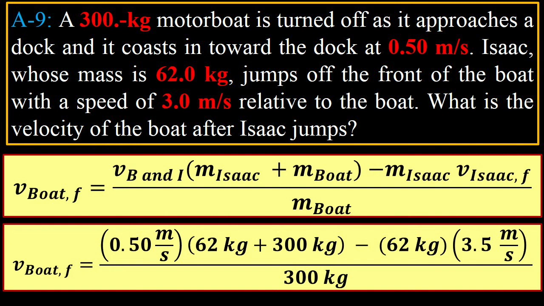So we have 0.5 times the sum of the masses minus 62 times 3.5, all divided by 300 kilograms. See what you get.